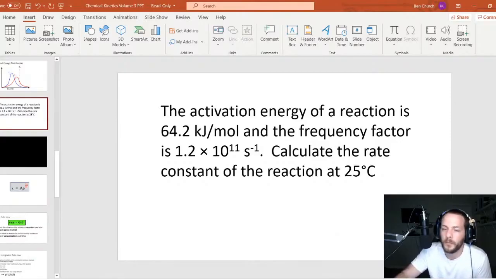All right, so this is our last slide. It's just a problem that we're going to work out. And it says the activation energy of a reaction is 64.2 kilojoules per mole, and the frequency factor is 1.2 times 10 to the 11 inverse seconds. And it says to calculate the rate constant of the reaction at 25 degrees Celsius.